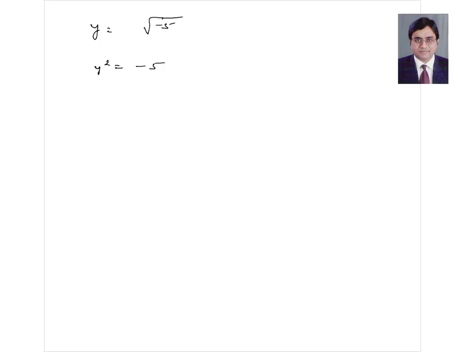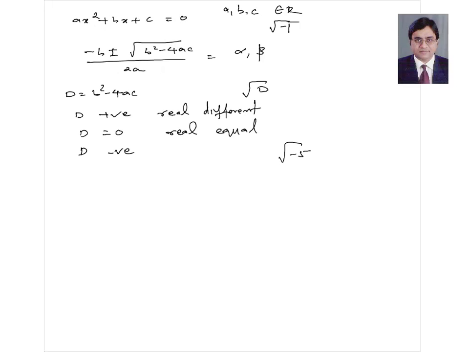In the real number line, the square of any number can never get you minus. Right? So if D is negative, then you cannot have real roots.